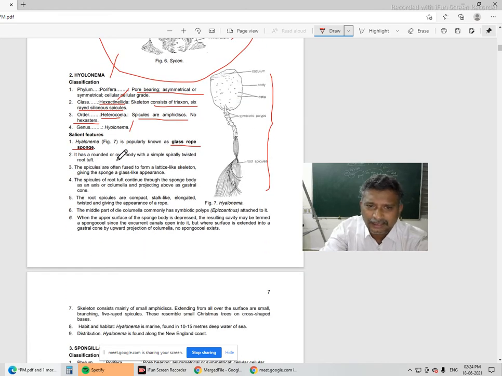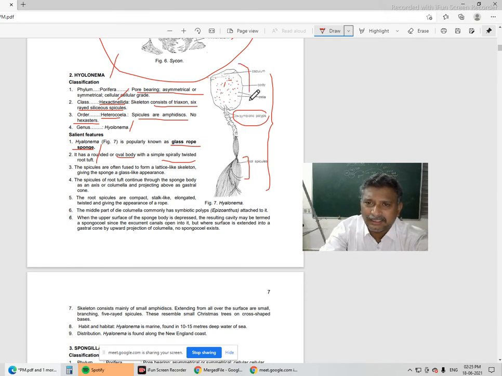It is a rounded or oval body with a simple spirally twisted root tuft. From here to here is a root tuft, the root spicules. Symbiotic polyps are also living in this area. Here are so many ostia.